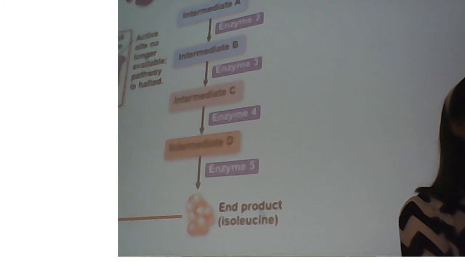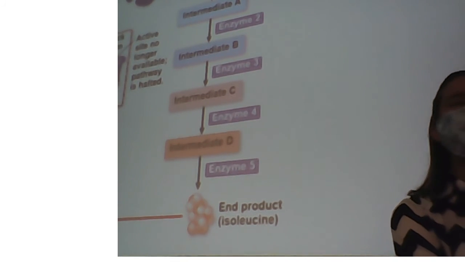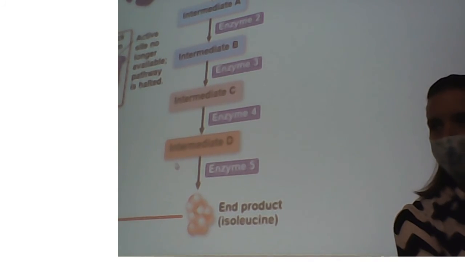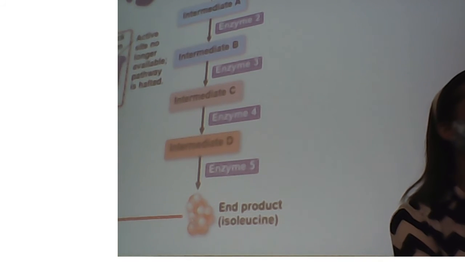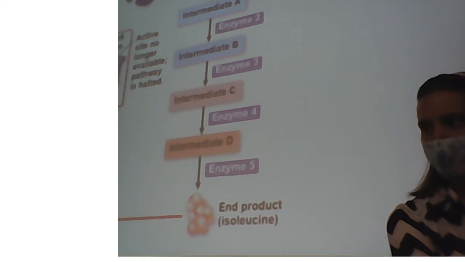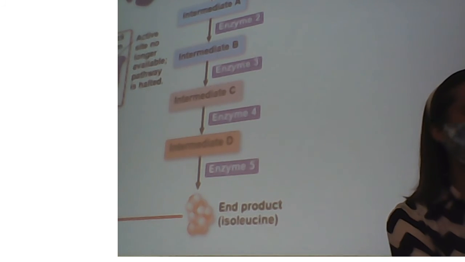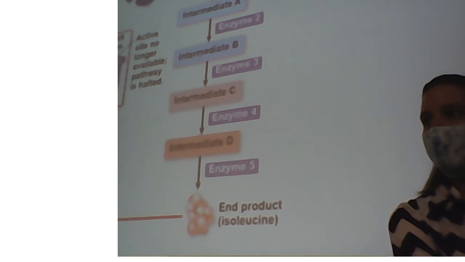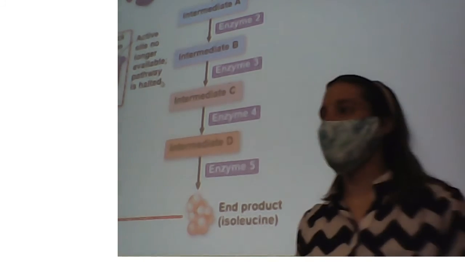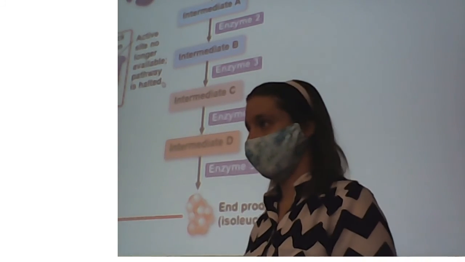But this end product acts over here as an inhibitor to the first enzyme in this process, right? So if you have isoleucine, it binds here and stops this enzyme from going gangbusters. Do you see that? This right here is a non-competitive inhibitor, right? So if you have a bunch of isoleucine, some of that isoleucine stops the enzyme from functioning.